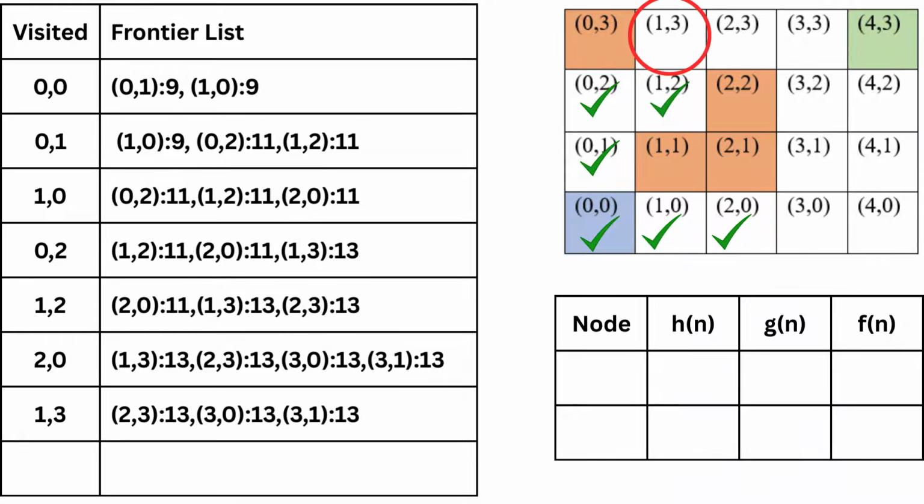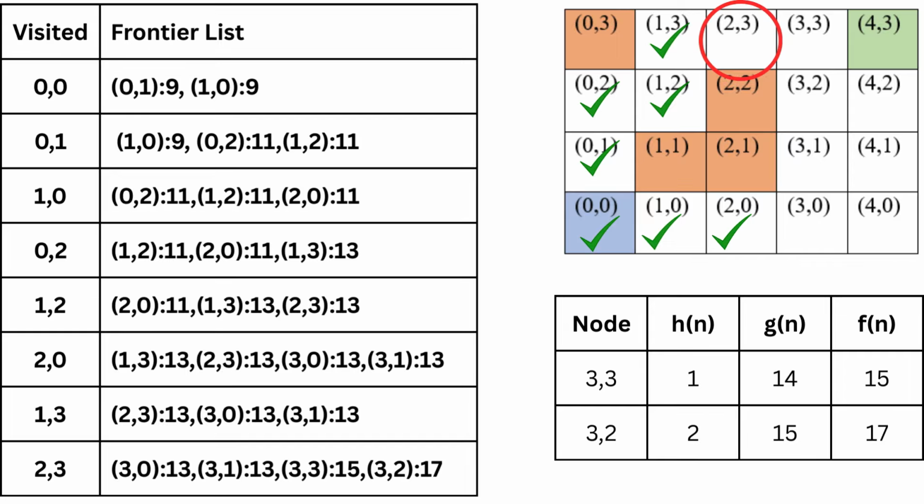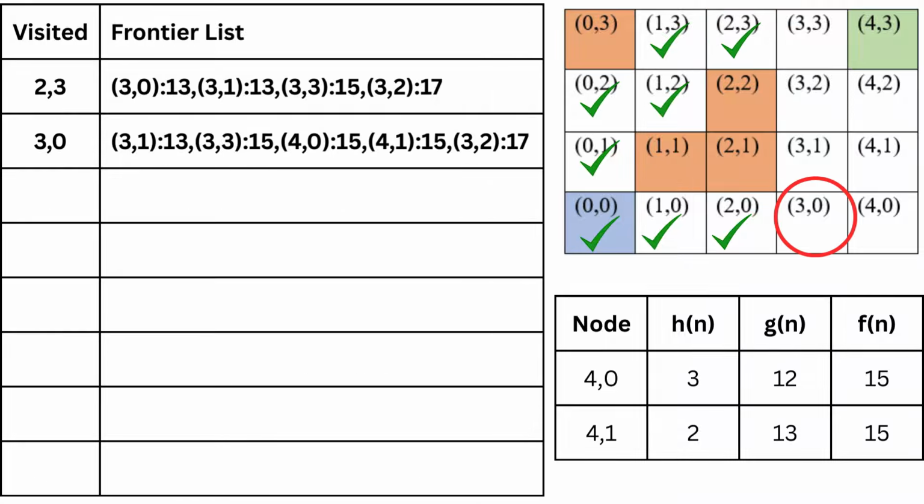The next one in the list is 1,3. From 1,3, we can move to 2,3. But 2,3 is already in the list with the least cost, that is 13. Now 1,3 has been visited. The next node in the queue is 2,3. From 2,3, we can either move to 3,3 or 3,2. 3,3 has a cost of 15 and 3,2 has a cost of 17. So we append these two nodes at the end of the queue. 2,3 has been visited.